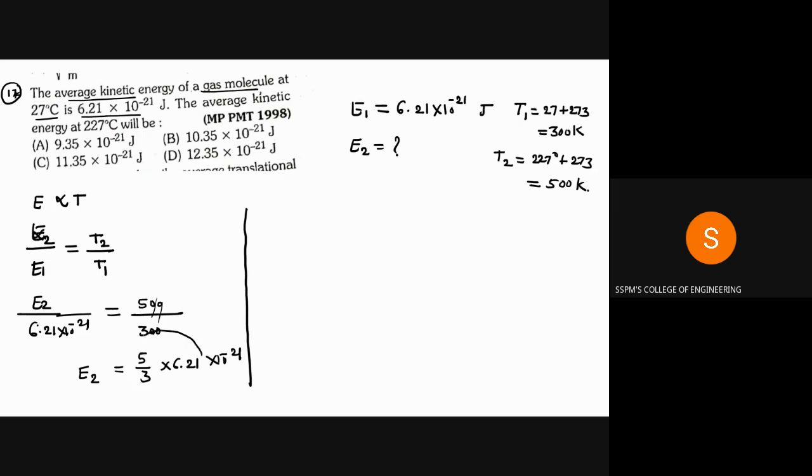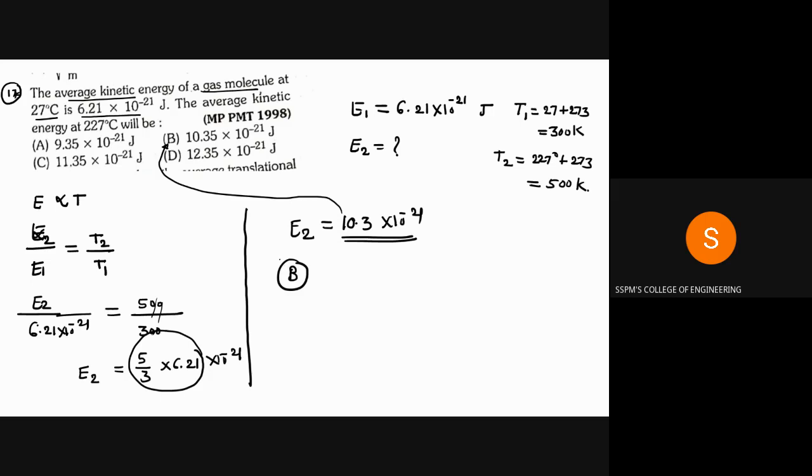So if you simplify this, you will get the answer E2 is equal to 10.3 into 10 to the power minus 21. Okay. So the option given, which is close to this value, is option B. So the average kinetic energy at 227 degrees Celsius will be 10.3 into 10 to the power minus 21. Okay. So the basic relation is the average energy is proportional to the temperature. So you can take the ratio E2 by E1, which is equal to T2 upon T1.